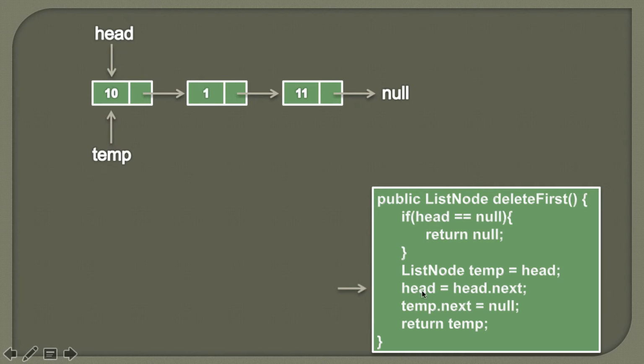How will we do that? We simply assign head.next to head. Head is pointing to this node, and its next is pointing to the second node. Once we assign head.next to head, it would look something like this. Now head has simply traversed to the second node, and we can safely delete this first node.